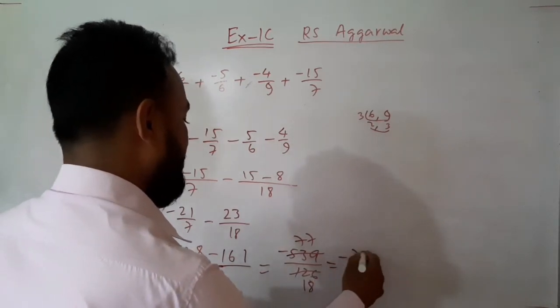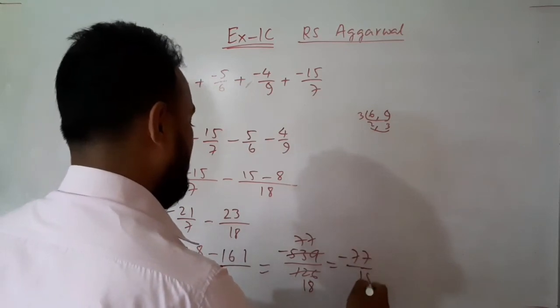So minus 77 by 126 and minus 77/18 is your required answer.